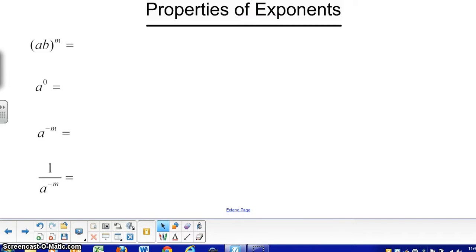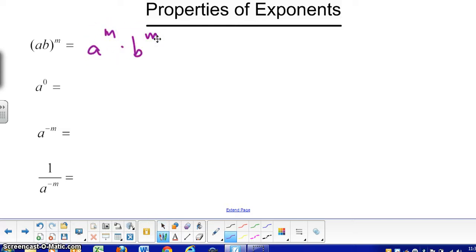So in general, you have different properties of exponents. The first one is anytime you have any numbers or letters inside of parentheses and a power on the outside, (a times b) to the m could also be looked at as a to the m times b to the m.